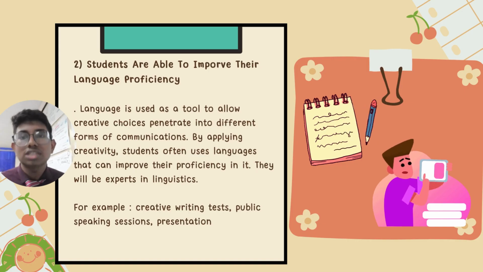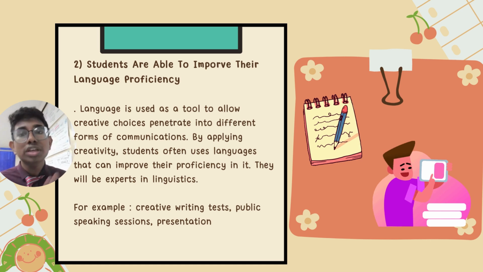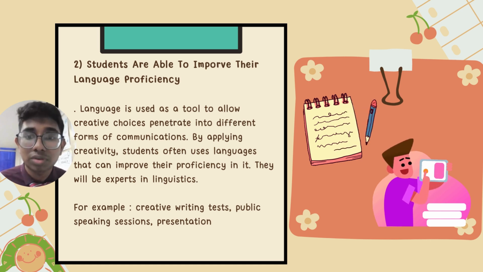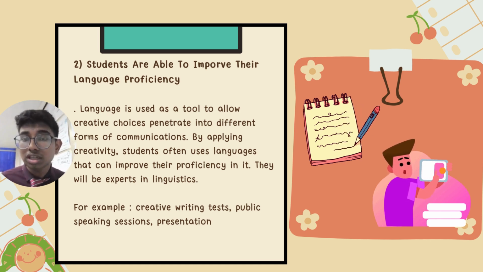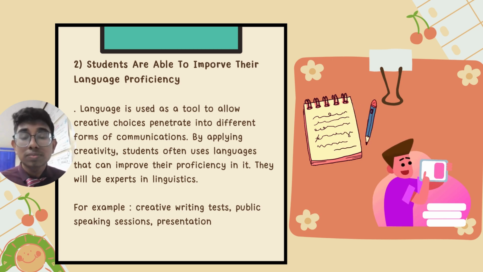Last but not least, from creativity, students are able to improve their language proficiency, because language is used as a tool to allow creative choices to penetrate into different forms of communication. By applying creativity, students often use languages in ways that can improve their proficiency. From this, they can become experts and be good in linguistics.